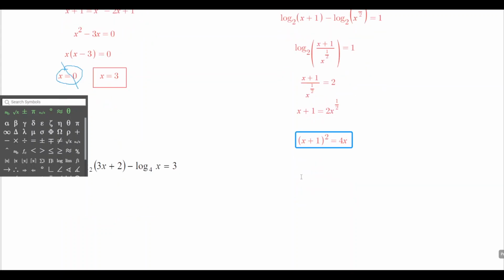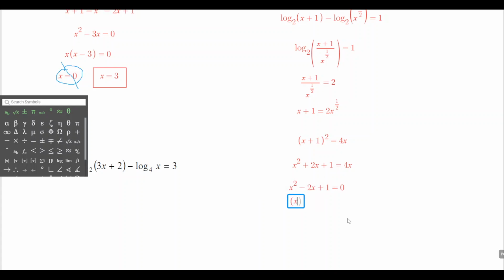So x plus 1 squared is going to be x squared plus 2x plus 1. Still got that 4x on the right-hand side, so I need to subtract that from both sides. And so I get x squared minus 2x, because 2 minus 4 is negative 2, plus 1 equals 0.